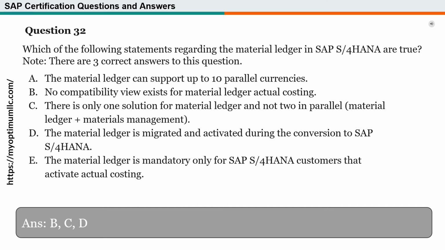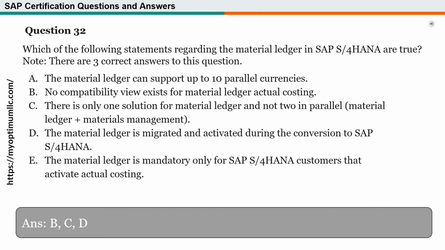Question 32. Which of the following statements regarding the material ledger in SAP S/4HANA are true? Note, there are 3 correct answers to this question. A. The material ledger can support up to 10 parallel currencies. B. No compatibility view exists for material ledger actual costing.